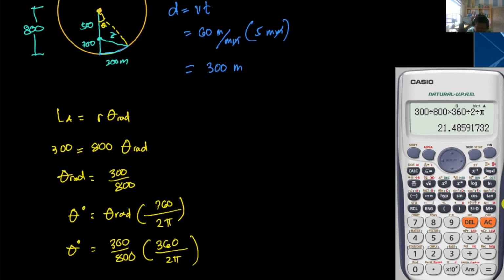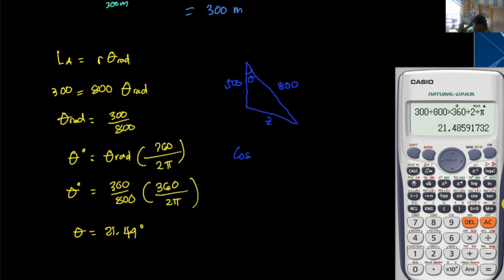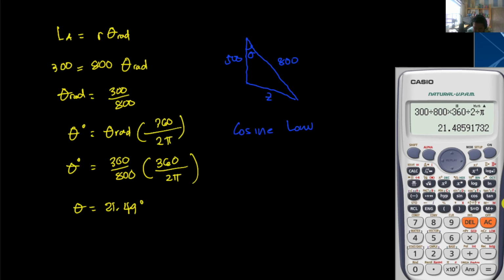So look at this figure. We have this triangle. Okay, we know that this is 500, and this is z, this is what we are looking for. This is theta. And what is this? This one is the radius of the circle, so that is 800. Okay. So we can use the cosine law. What is the formula of the cosine law? The side that we are looking for, c squared equals a squared plus b squared minus 2ab cosine of the included angle.